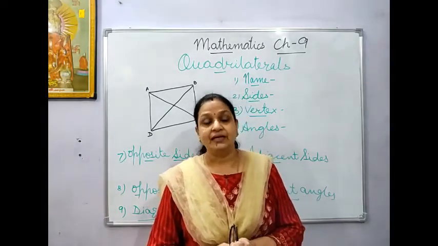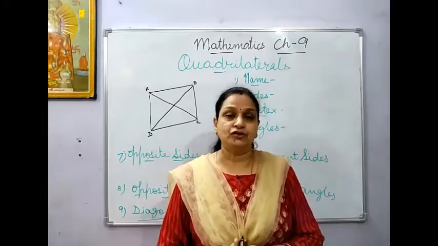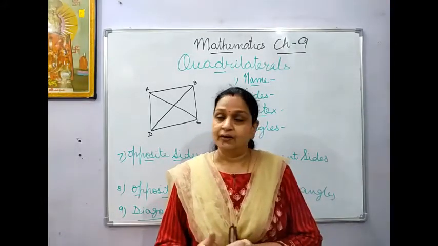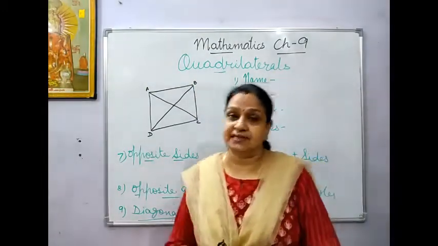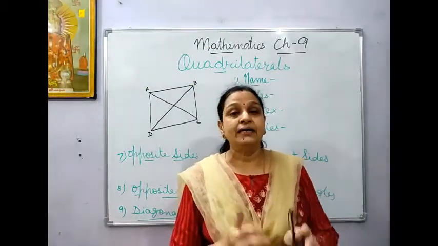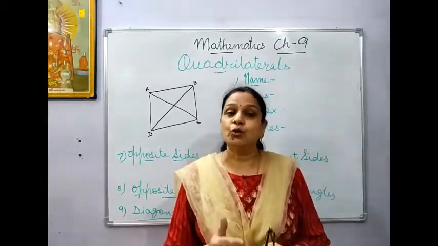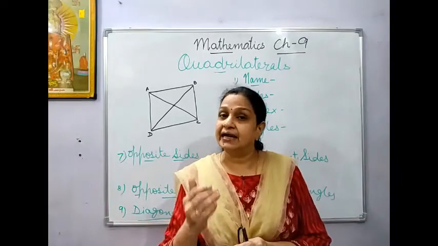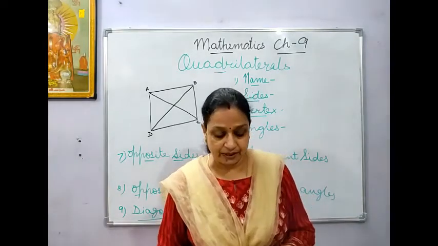Quadrilaterals, children, are plane closed figures with 4 line segments or 4 sides, you can say. Quadri means 4, lateral means sides. So any closed figure which is made up of 4 line segments which only intersect at their ends is called a quadrilateral. Okay, so I read it.